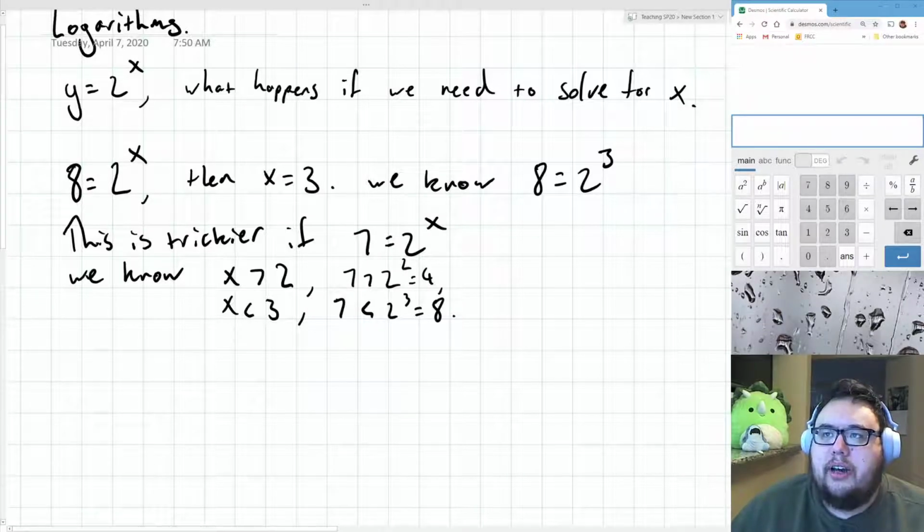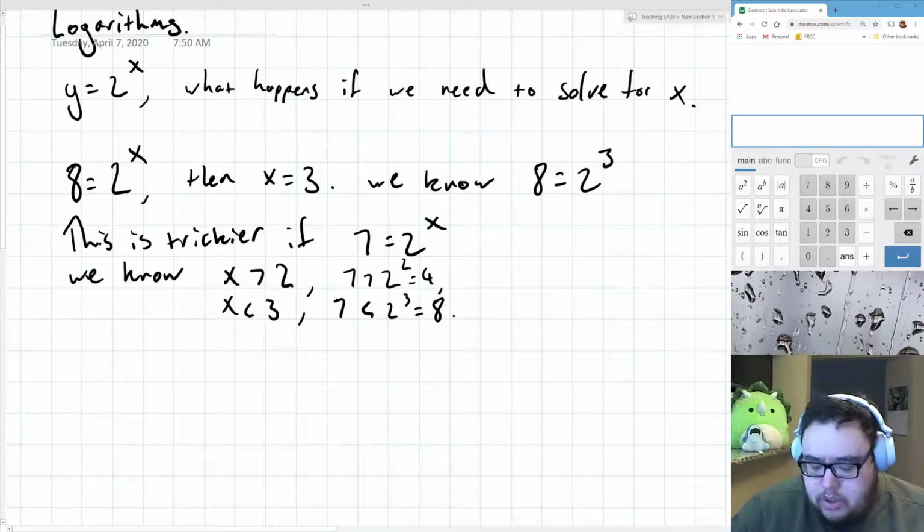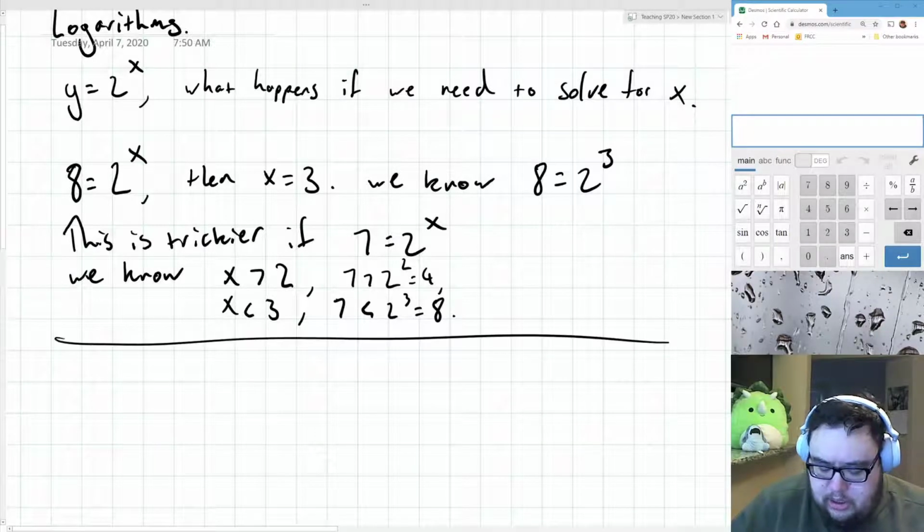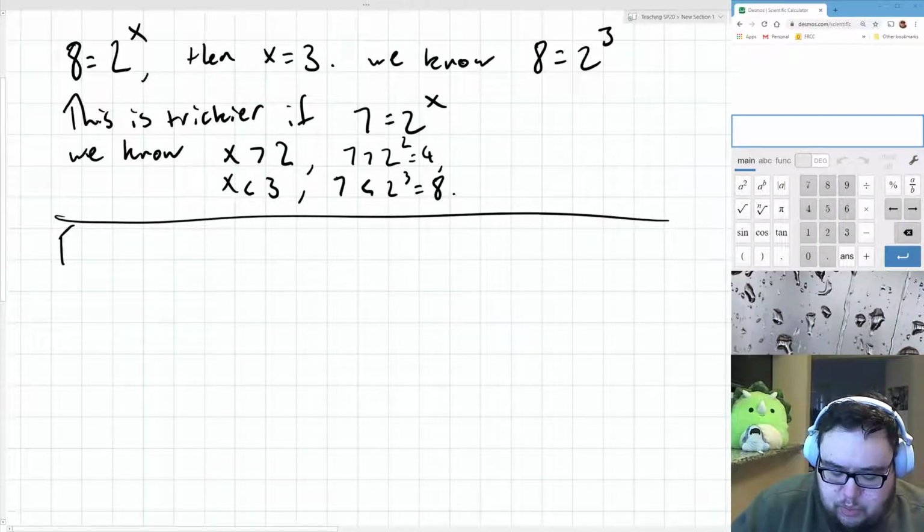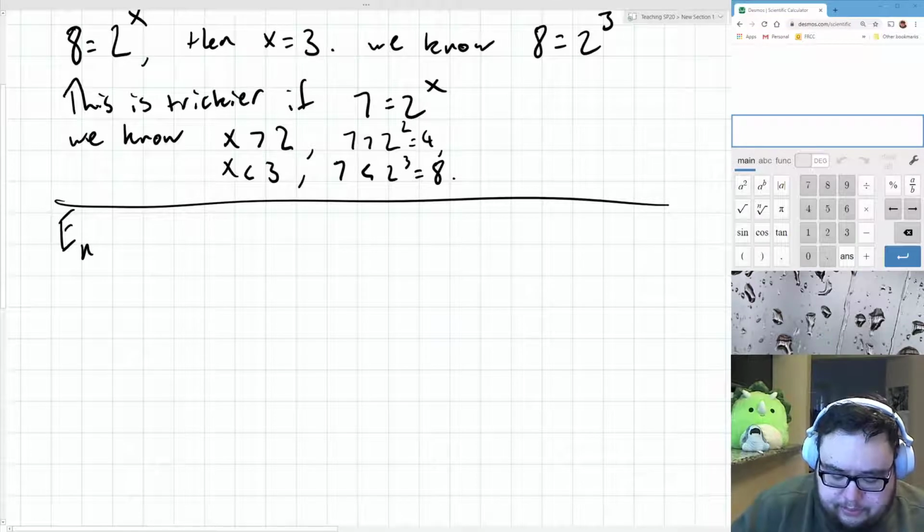So instead, basically, math invented a function to deal with this. This is where the logarithm comes in.